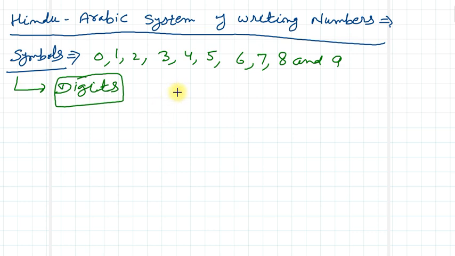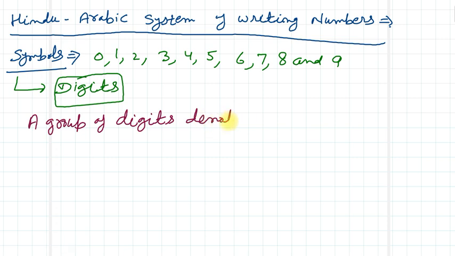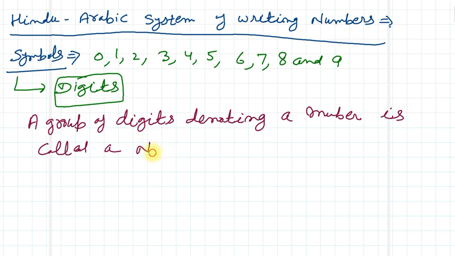A group of digits denoting a number is called a numeral.